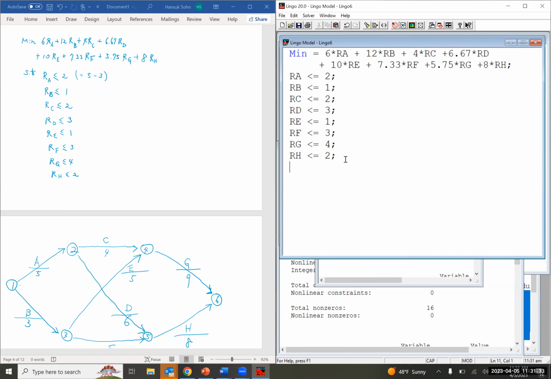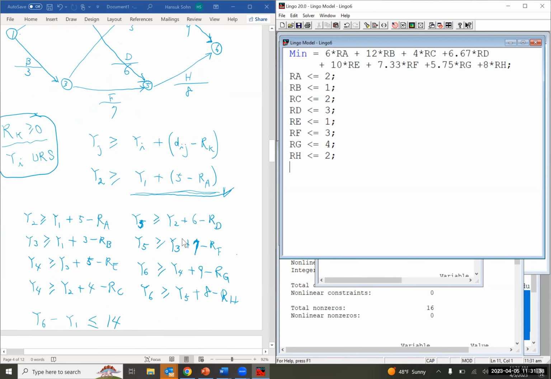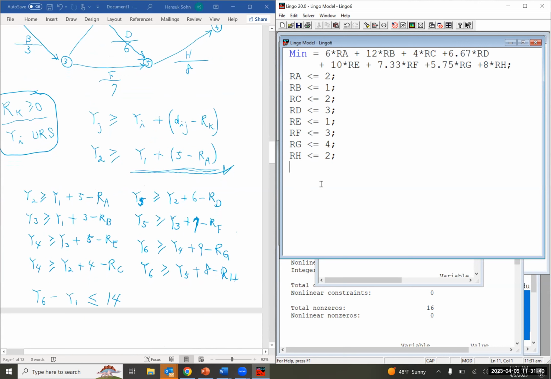Okay. And then our next constraint set, which is this, right? So y2 is greater than or equal to y1 plus 5 minus RA. Y3 is greater than or equal to y1 plus 3 minus RB.